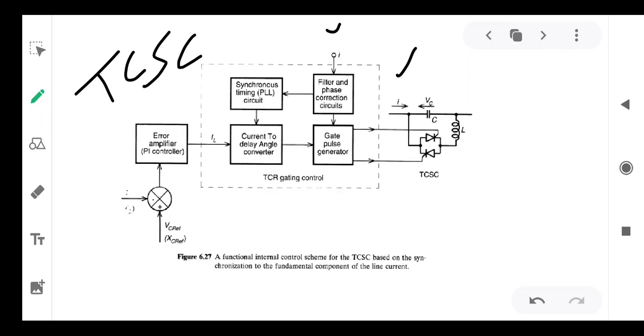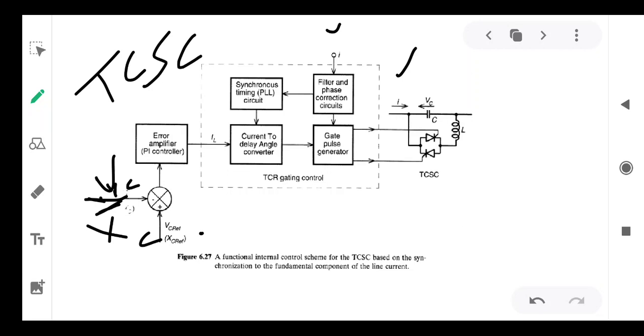So here also, this is the reference signal, VC reference or XC reference. This is the actual VC or XC. This signal is negative, this signal is positive.